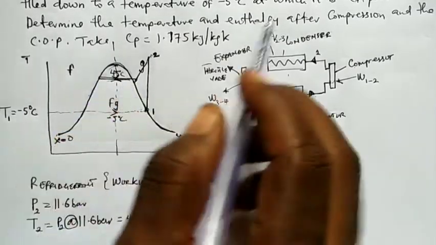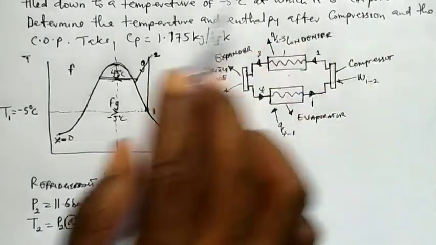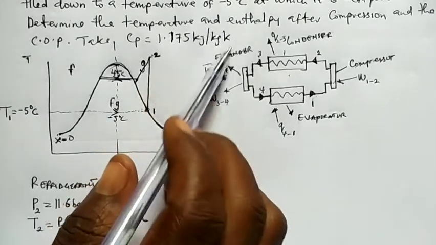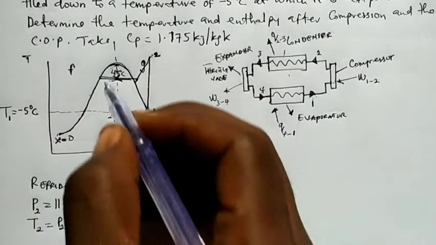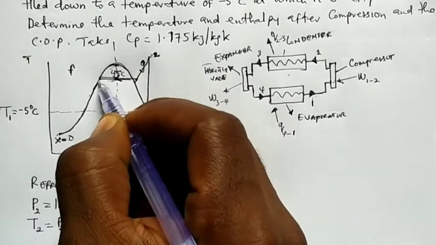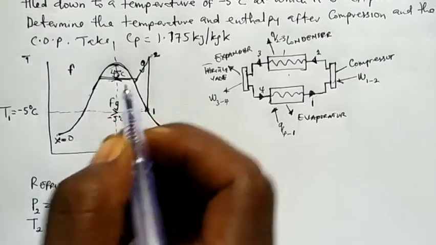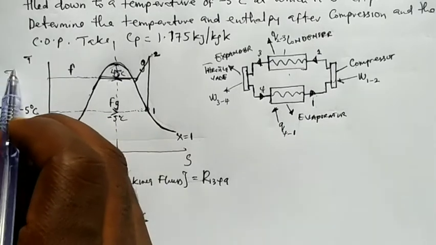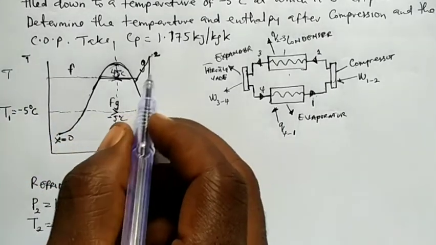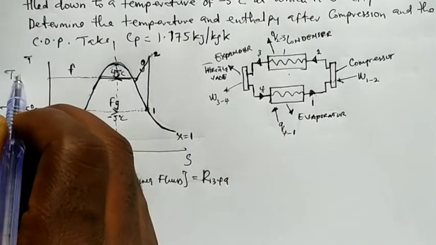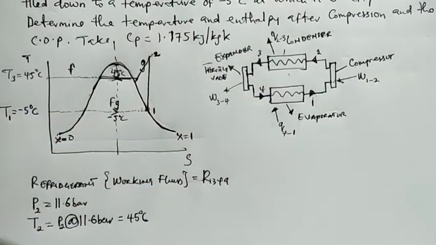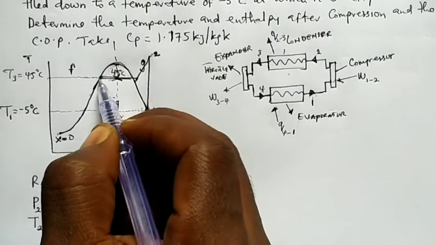Now, the refrigerant is then cooled at the constant pressure to what? 25 degrees Celsius. So it's now cooled again. That cooling is subcooling. This place is then cooled here. So this is our T, I'll call it T3, equals to what? 45 degrees Celsius. Then when it's cooled again, they first of all cool it a little bit.